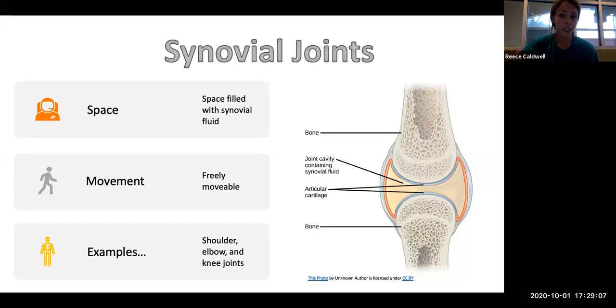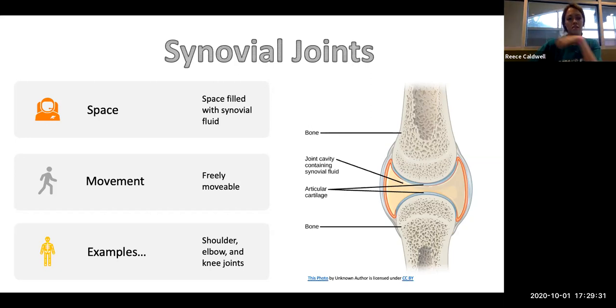It is freely movable. Our fibrous, very little movement. It's not like you can move these 2 bones in your skull. Our cartilaginous, the vertebral discs, you can't really move those a lot. They just squish. Our bony, can't move them at all. Synovial, totally and freely movable.